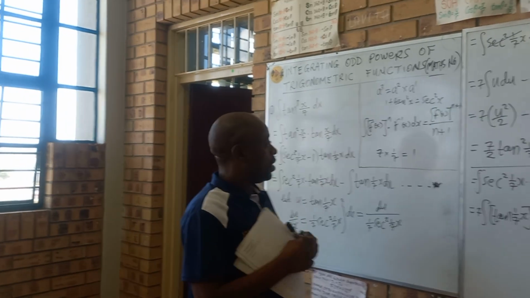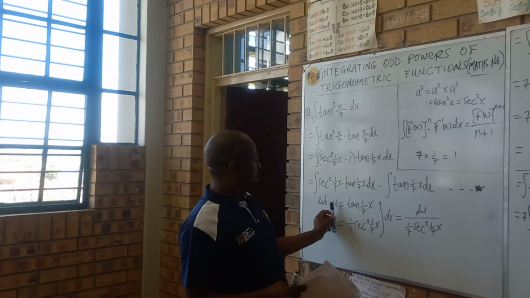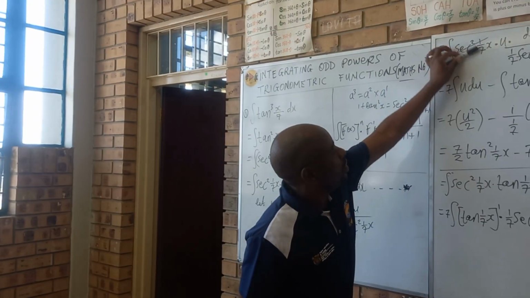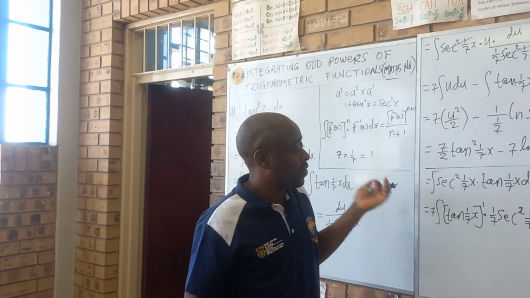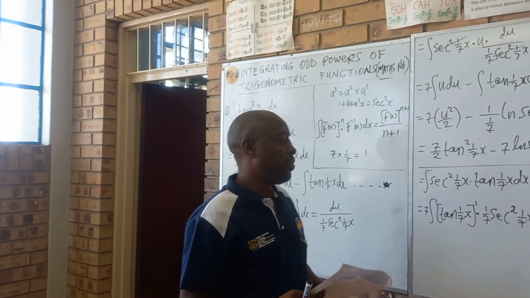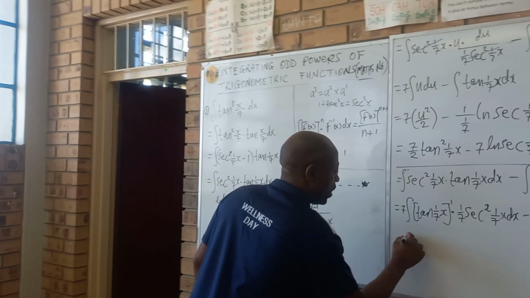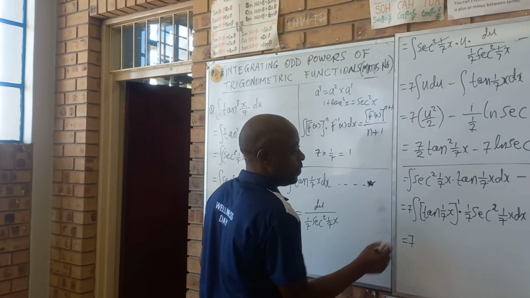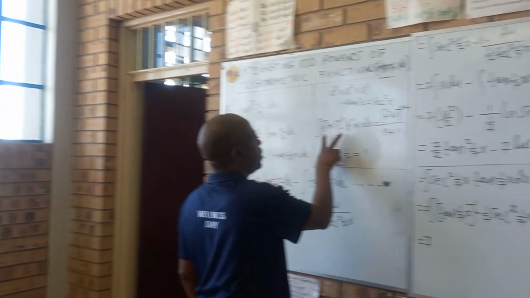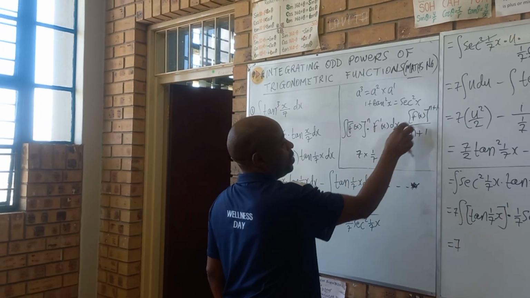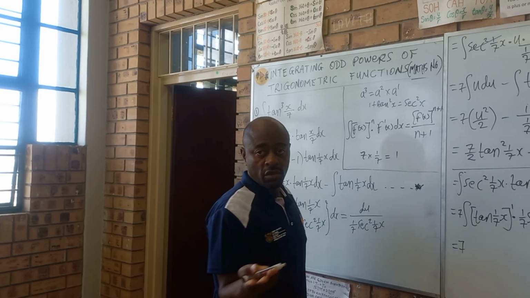Once you do that, it's the same thing as the u substitution. I started from here and came through this part to ending here. So I've done my u substitution in a single step. So I'm just going to write my final answer. I get my 7 there. Then for this portion, since we used the left hand side to handle it, the right hand side will be used to write our answer.